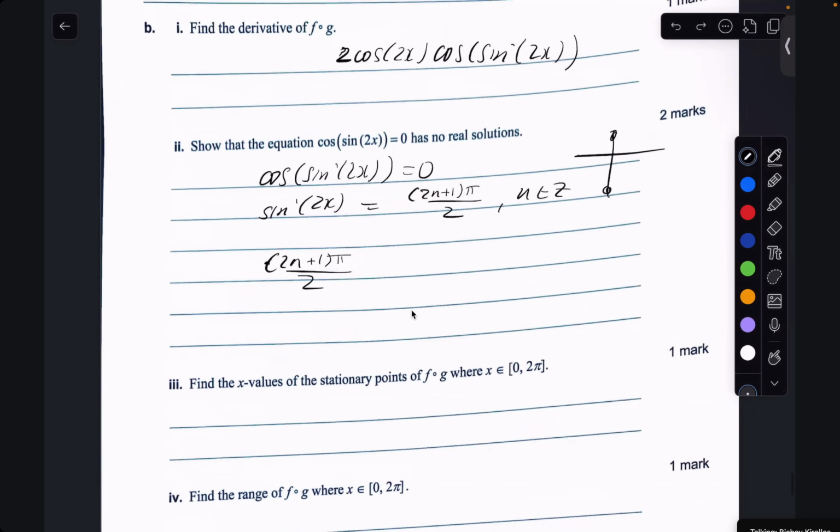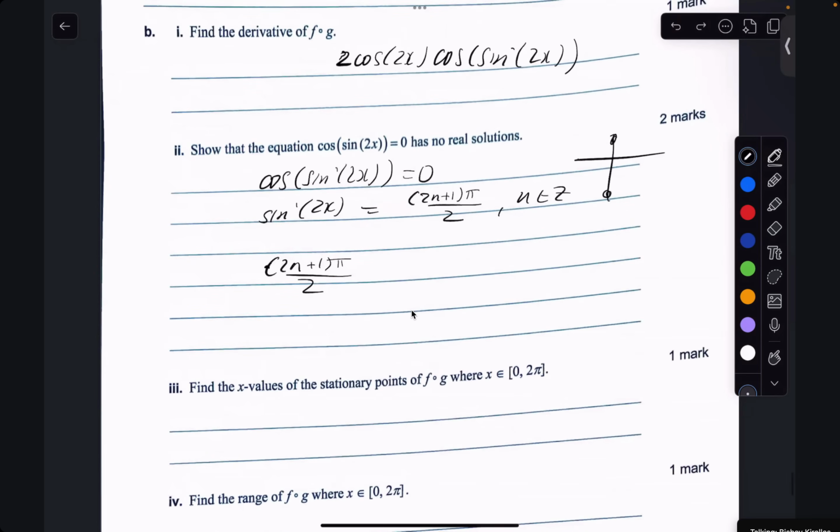Because remember, for example, pi over 2 is 3.1 whatever over 2, and that's going to be greater than 1. So you can say (2n plus 1) pi over 2 is greater than 1 or less than -1, and sine only has a range of -1 to 1. Therefore, no solutions.